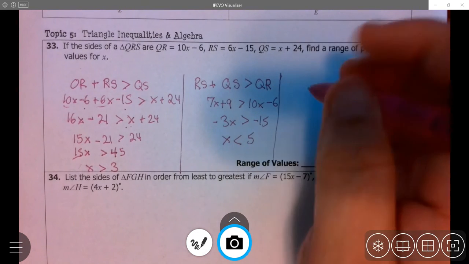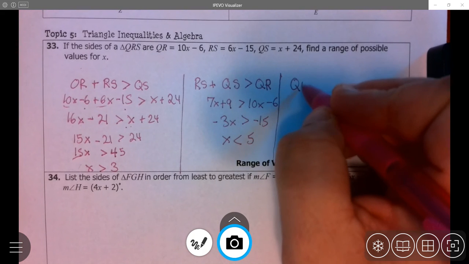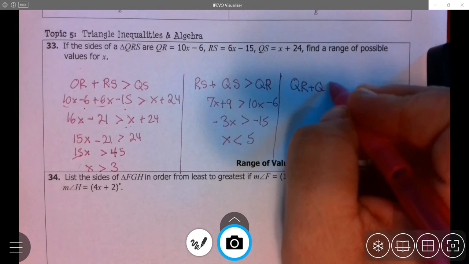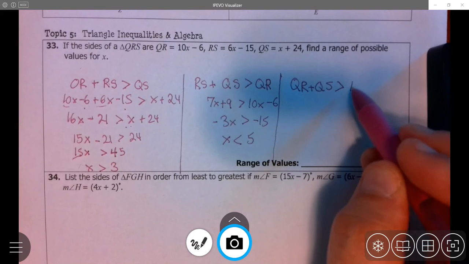And my last scenario is QR plus QS has to be greater than RS.